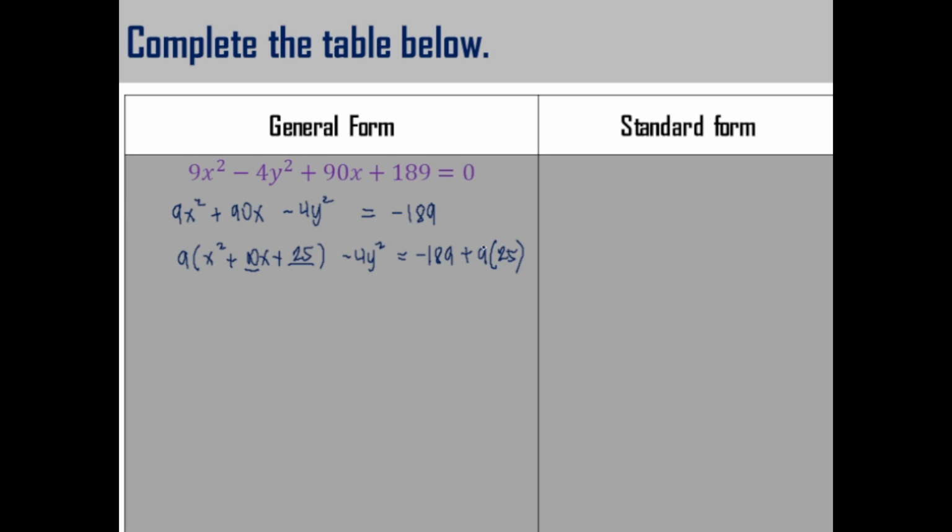So, 9 times 25, kaya 9 times 25 po dito. Okay, so ito ay 9 times x plus 5 square minus 4y square. Okay, can you please press on your calculator? Negative 189 plus 9 times 25.